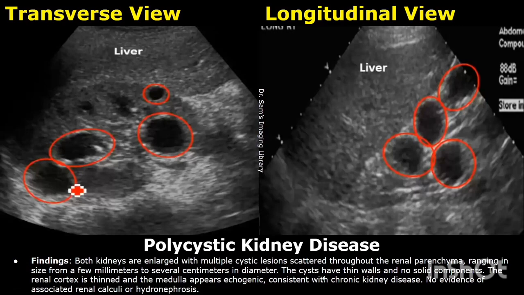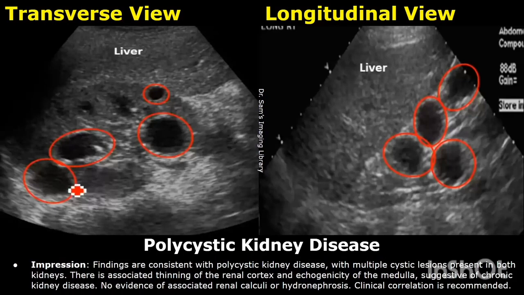The cysts have thin walls and no solid components. The renal cortex is thinned and the medulla appears echogenic, consistent with chronic kidney disease. So this case of polycystic kidney disease was also associated with chronic kidney disease.